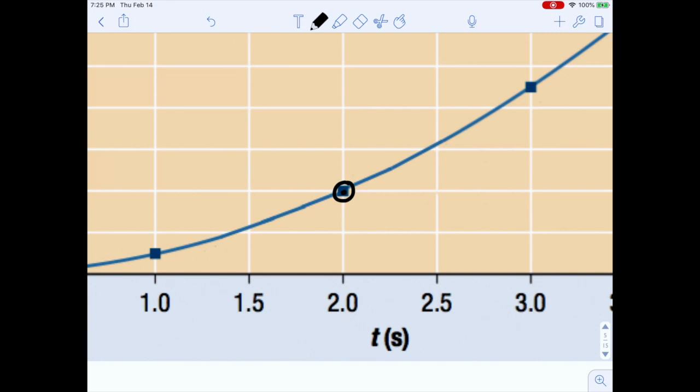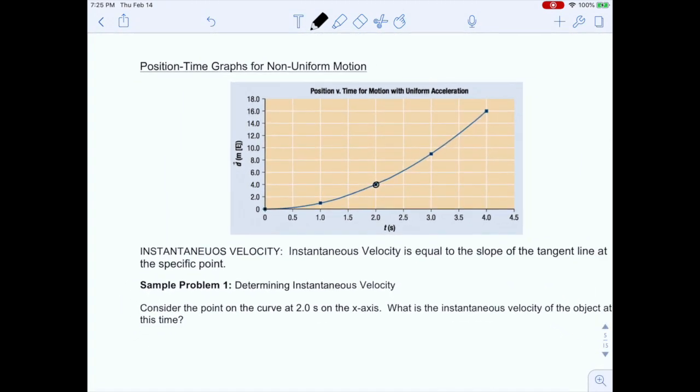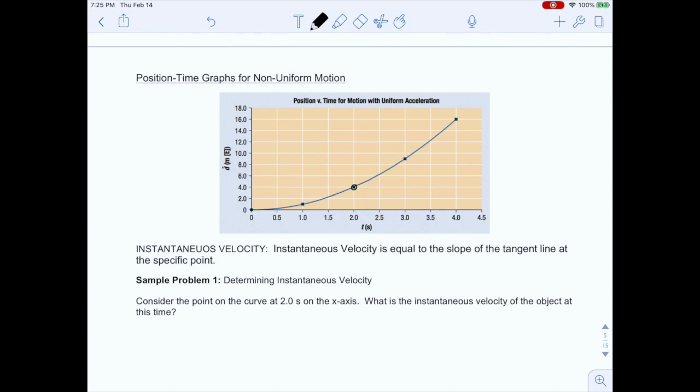If you wanted to determine the velocity of this object at the particular instant 2 seconds, what you would need to determine is the slope of the line at 2 seconds. So behind the bars of memorization, we write this important statement. The instantaneous velocity is equal to the slope of a tangent line at a specific point.